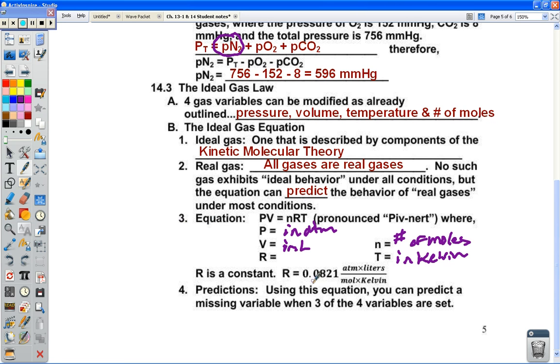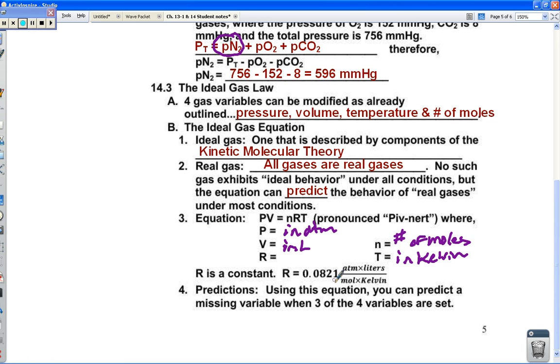It is 0.0821 atmospheres times liters over mole times Kelvin. The units are there so that they will cancel with everything when we solve our equation. I actually prefer writing this equation a different way because it shows the relationships better. And I won't mark you down if you use the equation like this. I like writing it like this. R equals PV over NT.